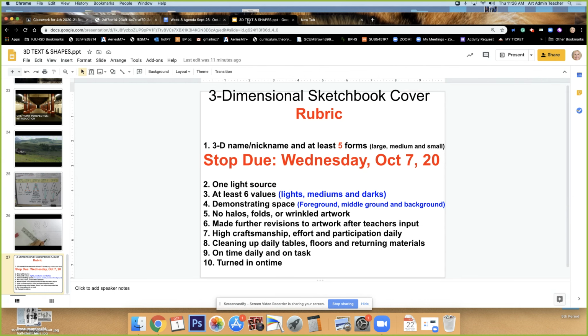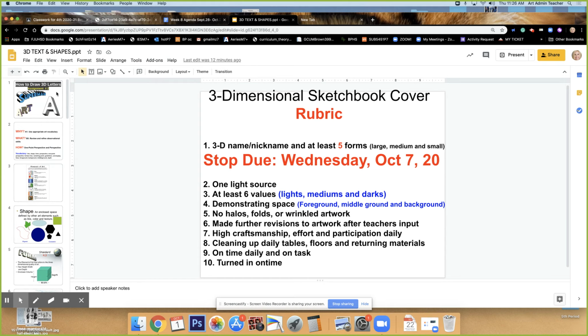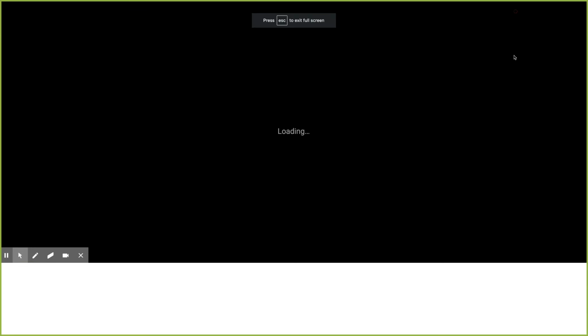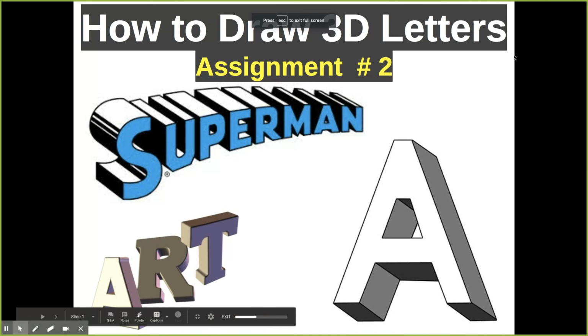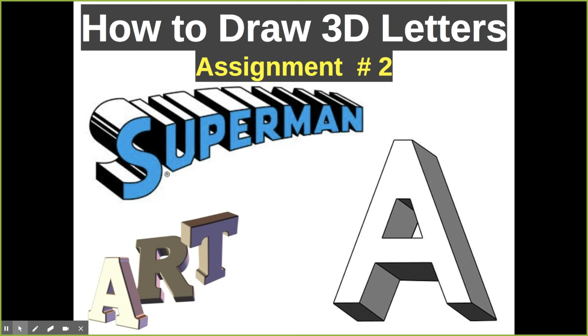So on the next tab, let me go ahead and scroll to the beginning. It should be pretty quick. You guys should understand what 3D letters are, how to draw 3D letters, assignment number 2. You have been experimenting and practicing, so now this is all more relevant to you. It's very exciting.